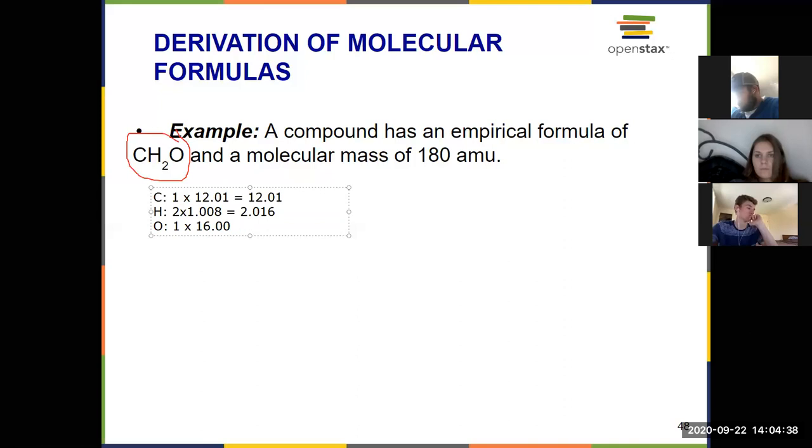And all of those numbers are in AMU. For the sake of rounding and to make the significant figures and the math easier, I add those three together, and I'm just going to round it to 30 AMU. It should be 30.027, but we'll just round it to 30. 30 AMU is my empirical mass.